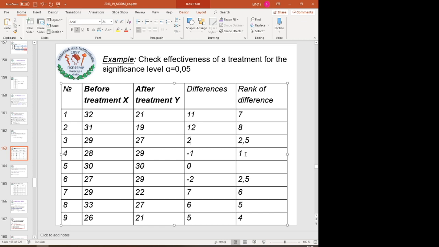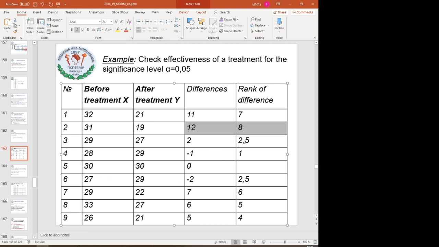So we spread 2 and 3 between them, and we give 2.5 to both of these values. After that we don't have any repeated values, so 4, 5, 6, 7, 8 go to consecutive ascending ordered values 5, 6, 7, 11 and 12.